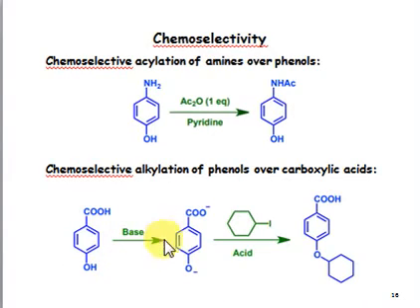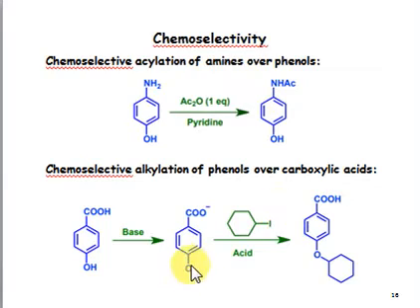This base will pick up both protons, but since the phenoxide is more reactive, when you carry out the reaction with iodocyclohexane, the negative charge of the phenoxide will attack the carbon bearing iodine, and iodine will be displaced right here, right?